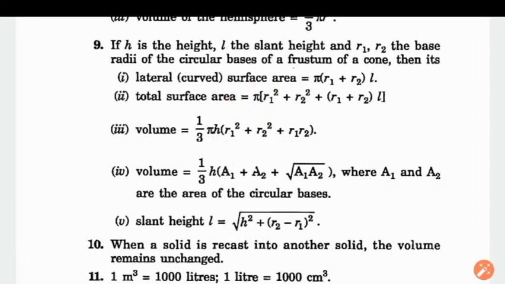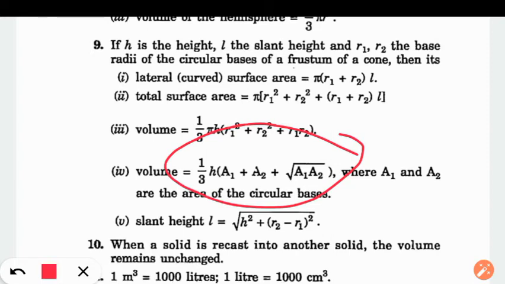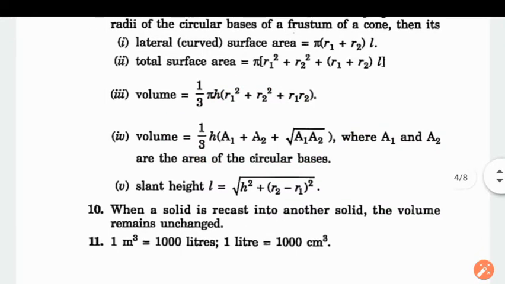And if we have both the areas of the top one and the base one, in that case this is the formula to find volume of the frustum, where a1 and a2 are the areas of the circular bases, that means the top one and the base one. To find the slant height of the frustum, this is the formula: root over r2 minus r1 whole square. Whichever is greater, it does not matter, because the square is there.